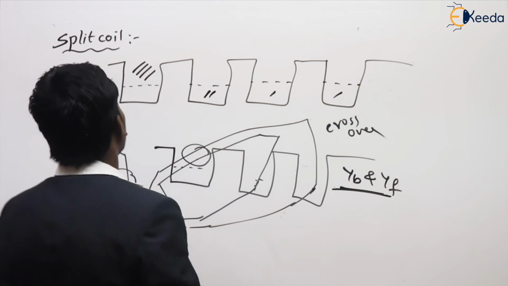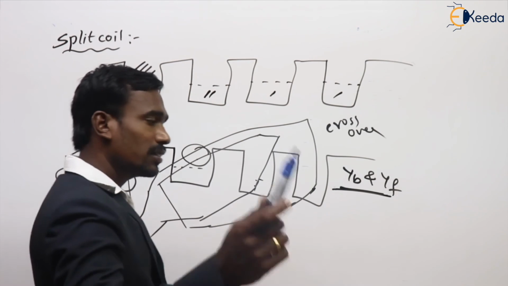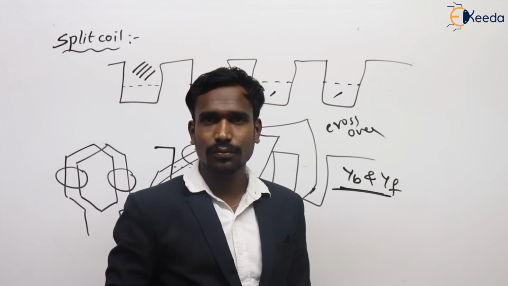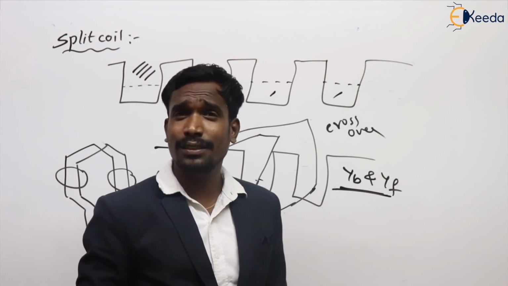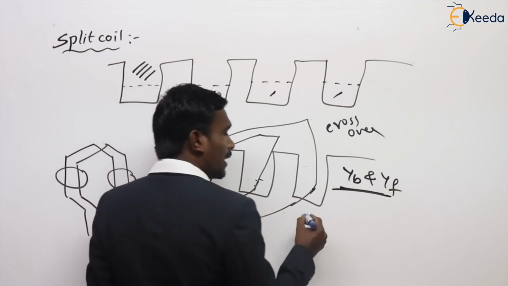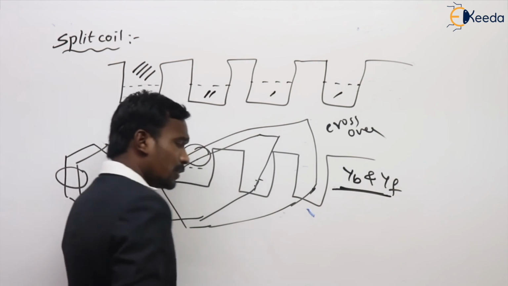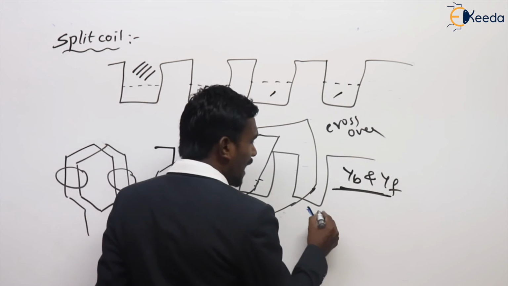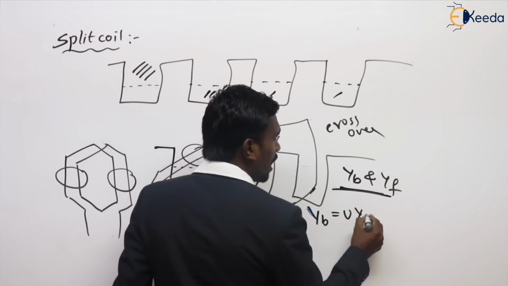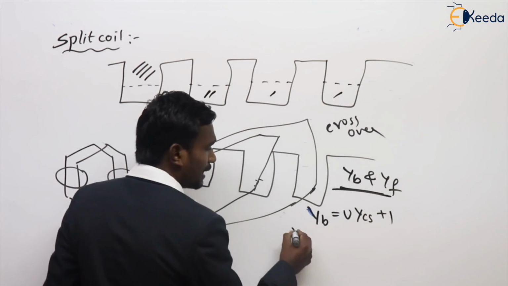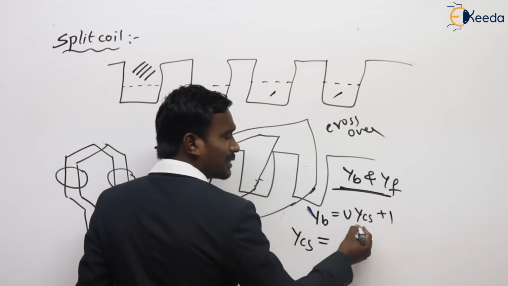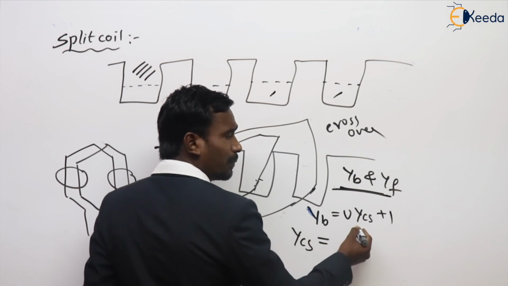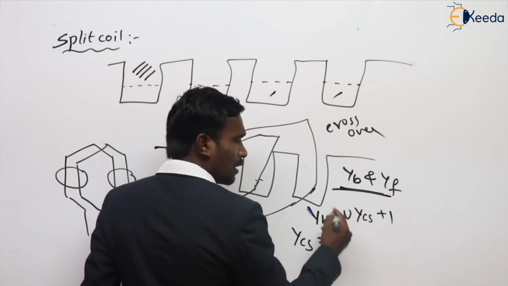So how can we avoid this split coil? This is the question. Can you tell me how we can avoid this? We can avoid this split coil if, as I already said, one formula, back pitch YB is equal to U of YCS plus 1, but I want YCS. YCS is equal to, tell me, what is YCS?